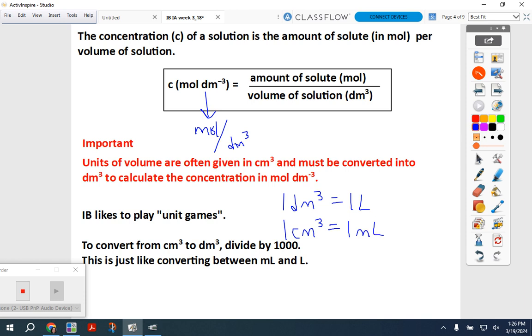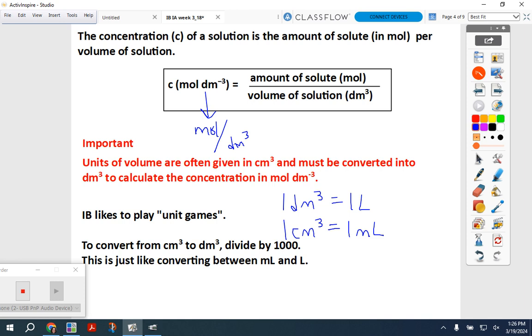IB is going to use these. They're not going to use liters and milliliters because the cubic centimeter, cubic decimeter is the standard international unit for volume, not liters and milliliters. I grew up on liters and milliliters and spent more than 20 years doing research with liters and milliliters, so it's really hard for me to switch.